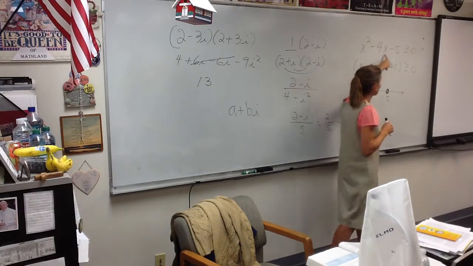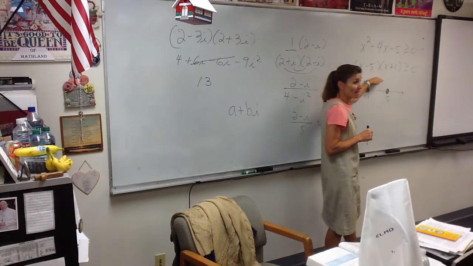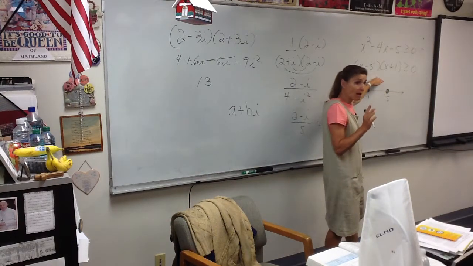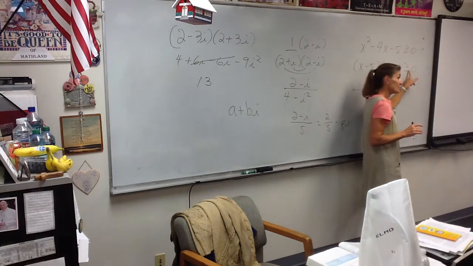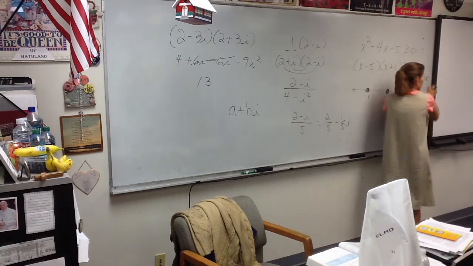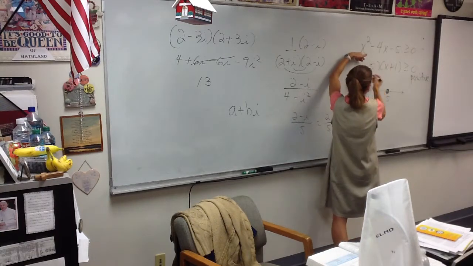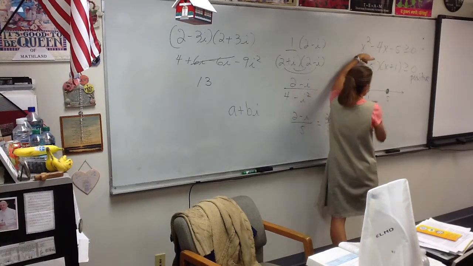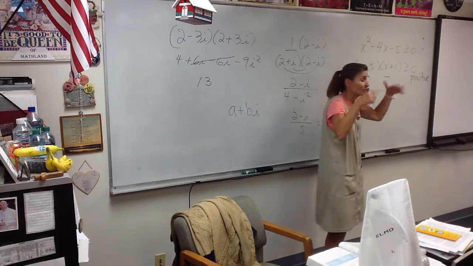Now, you can put it in up here, or you can put it here. I prefer to put it into the factors, because all I want to know is, does the answer turn out to be bigger than 0? Bigger than 0 means positive, right? So if I put in a negative 2, this factor would be negative, and this factor would be negative. Do you see what I'm saying? I don't even need to calculate it out.